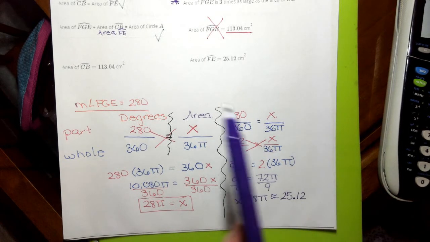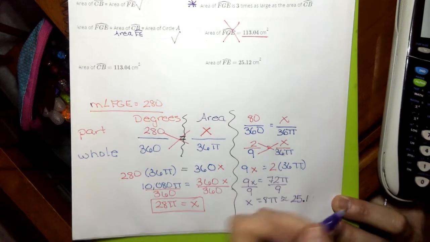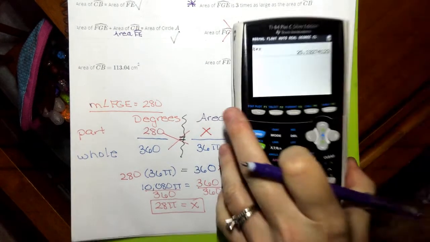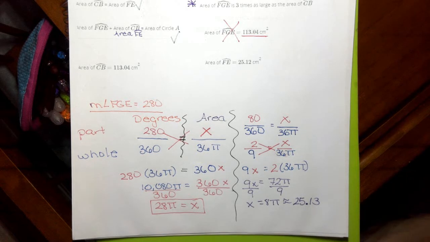Okay. Well, it's actually 13. Let's see what happens if I do it just by 3.14. 25.12. So it just depends. You're going to check that back and forth, because you know 3.14 is just a rounded version of pi.